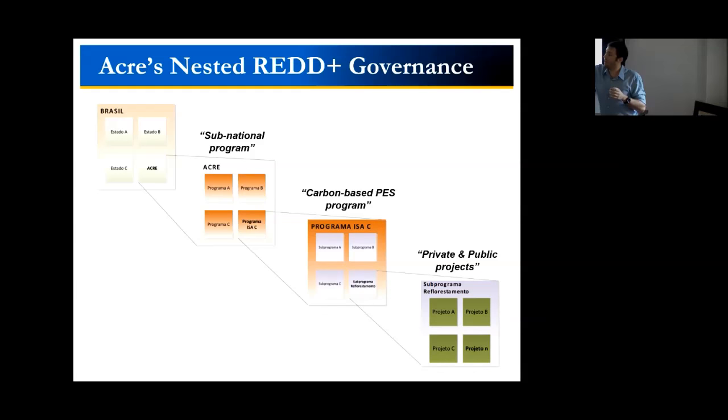Within the state of Acre, they have subnational programs to address deforestation and forest degradation and to promote better practice. One of the programs within the state of Acre is this carbon-based payment program. And within this program, they have other sub-programs. It's quite confusing, but the idea is that everything is nested. Within the program related to reforestation, for instance, they have specific projects. Some of them are public, and some of them are private. The idea is to incorporate everything together into this nested framework.